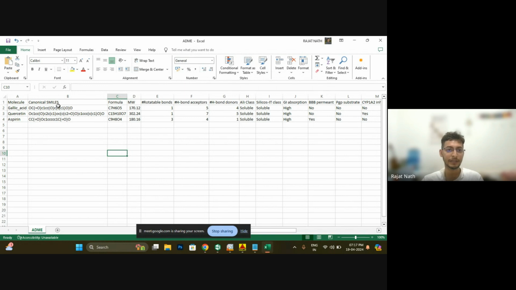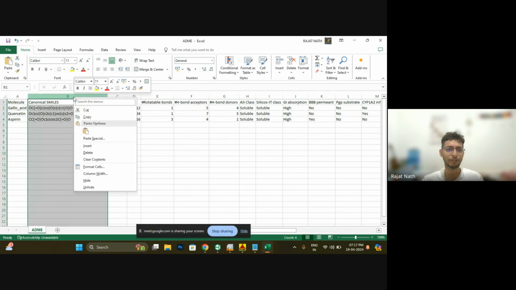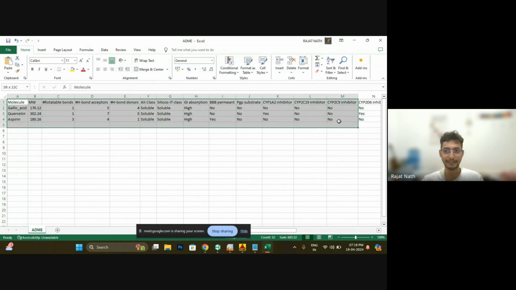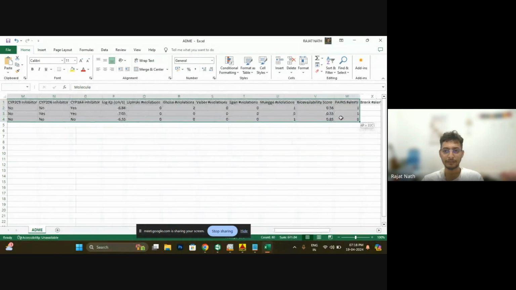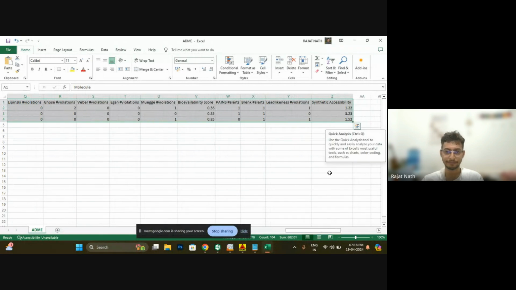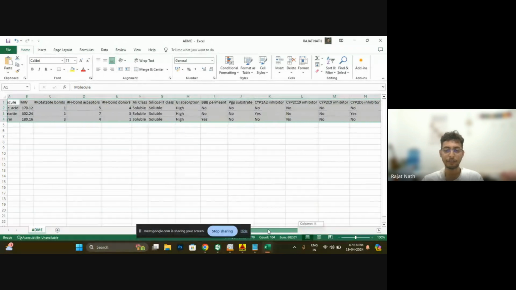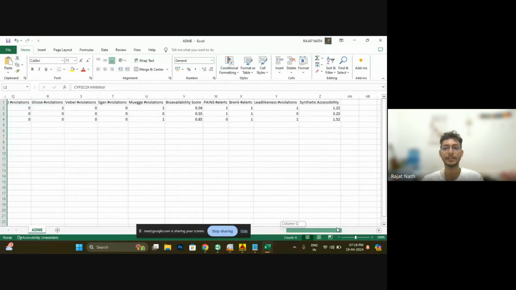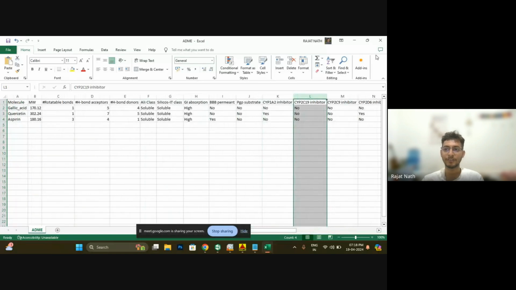There will be molecule name, canonical SMILES. You can keep it or delete it. You can delete the formula also. So by this, you can give a table in your manuscript, and whatever parameter you require, you can keep, and the unnecessary parameters you can delete from this Excel file. So this was the ADME screening.